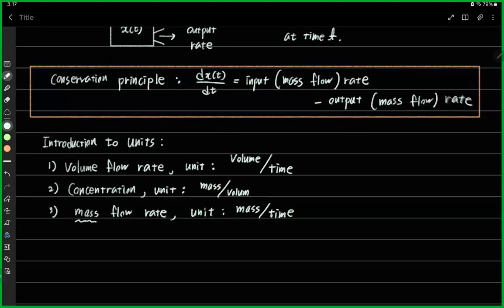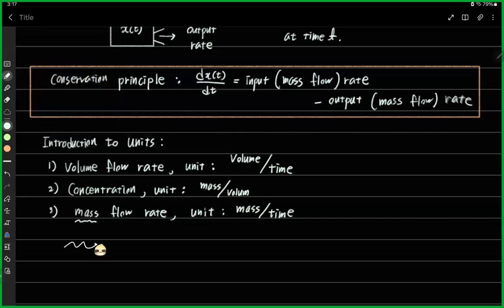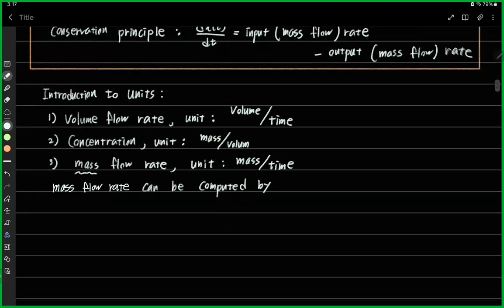Let me change to this pen. I think this is better, right? So then the mass flow rate can be computed by what?